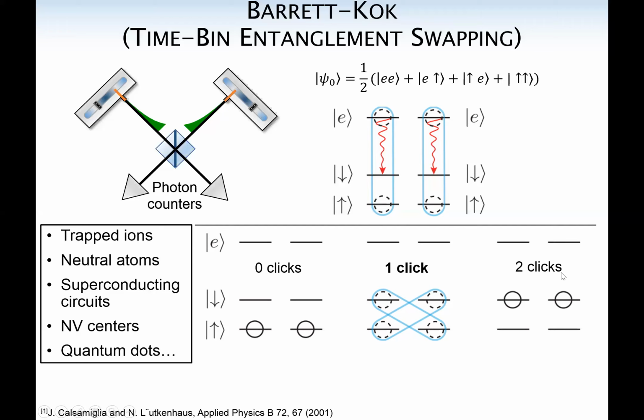And if you get 2 clicks, well, that means that you got an excitation from both atoms, and so you must have collapsed down to the down state, and so you wind up in down, down. And so neither of these states have entanglement. But if you get exactly 1 click, you don't know from which atom the photon came that generated that click. And so you're in a superposition of down, up, and up, down. And because of indistinguishability, it's impossible to tell which atom is in up and which is in down. And so you wind up in a superposition of both, which is an entangled state.